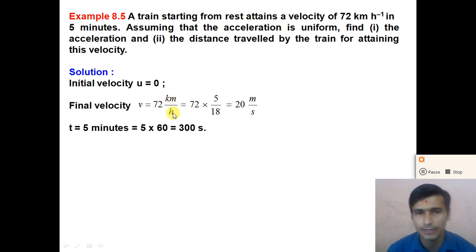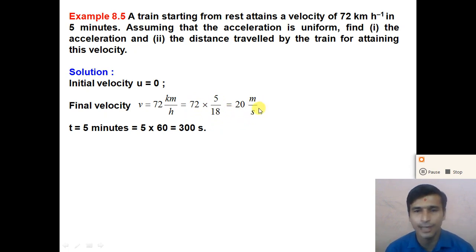So this 72 kilometer per hour we need to convert into meter per second. How can we convert kilometer per hour into meter per second? 72 multiplied by 5 by 18. If we multiply by 5 by 18 we get the value in meter per second. So 72 multiplied by 5 by 18 gives 20 meter per second.